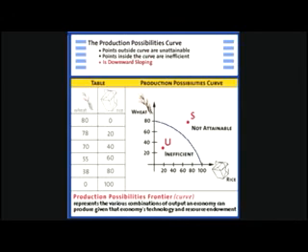Anytime you want to increase rice production, you're going to have to move resources out of the production of wheat. Land, labor, and capital that's used to produce wheat is transferred into the production of rice in order to increase rice production, and that means that wheat production will be decreasing. Wheat is the opportunity cost of rice.